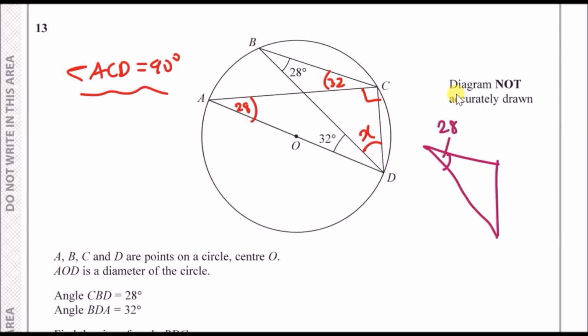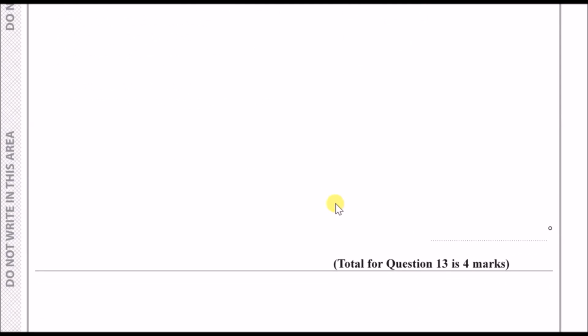That should be what? 32 plus 90, 122, yeah? So this is 122 degrees. Therefore, angle X, which is at D, which is what they want, is going to be the leftover. So call this X. It's just going to be 28 plus 122, which is 150 degrees. And then to get to 180, you need to add 30 more. So that means X must be 30. So the answer here is 30 degrees.